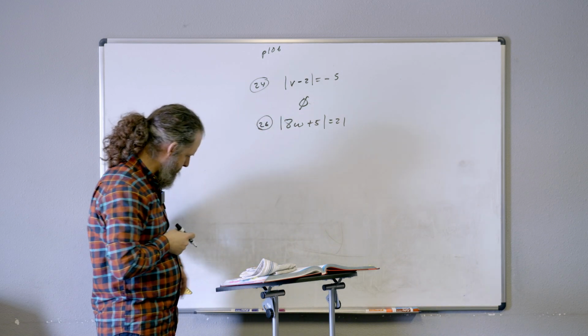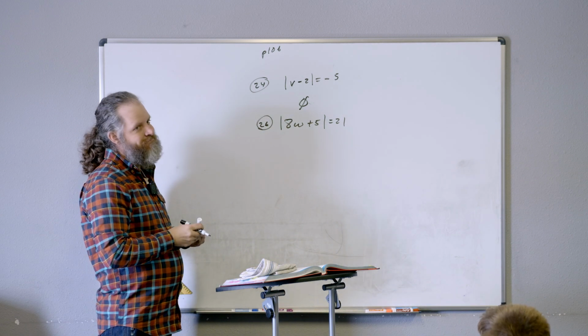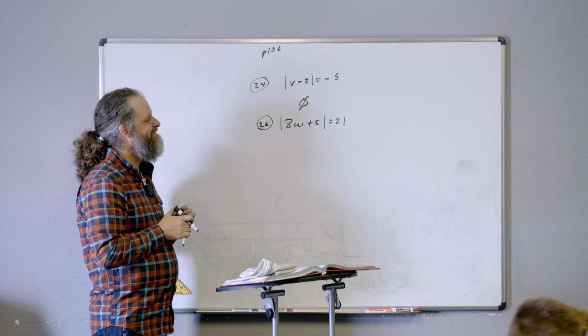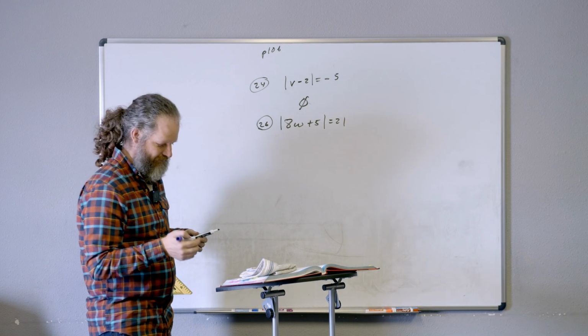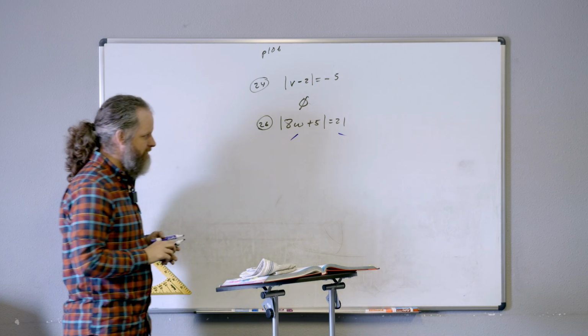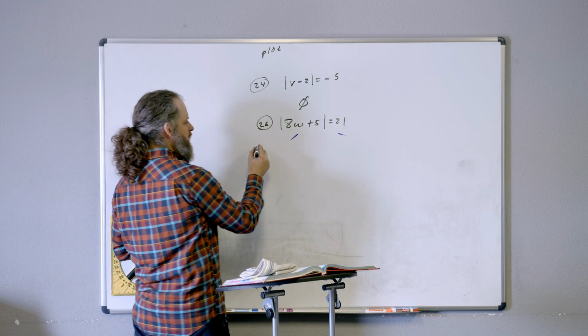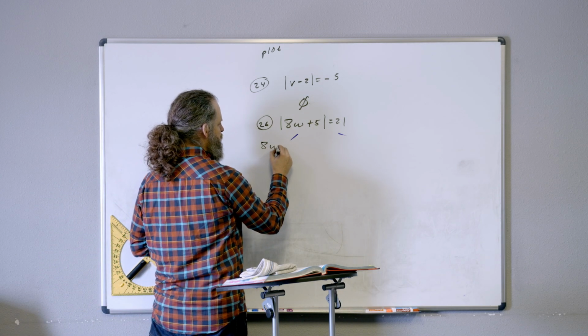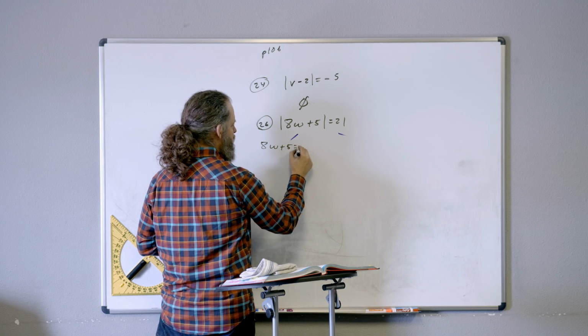What should we do? Yeah, we should split it. What does the positive one look like? The same thing without the absolute value. So 8w plus 5 equals 21.